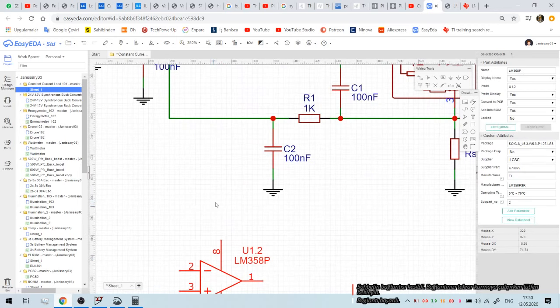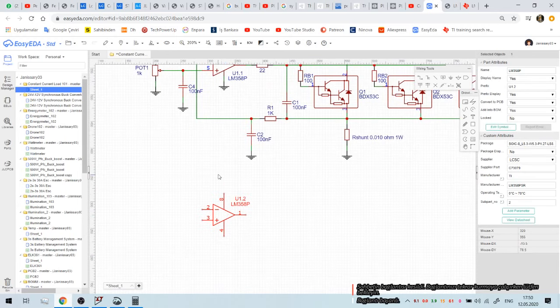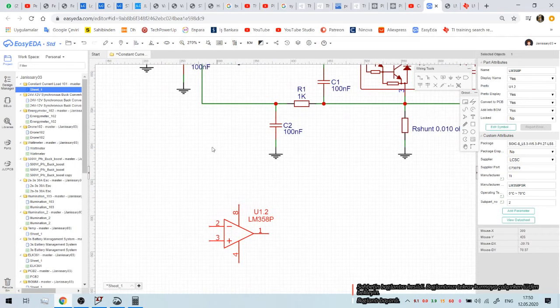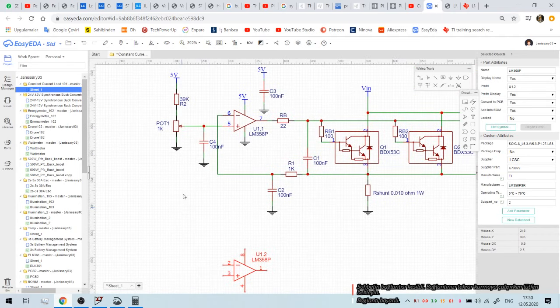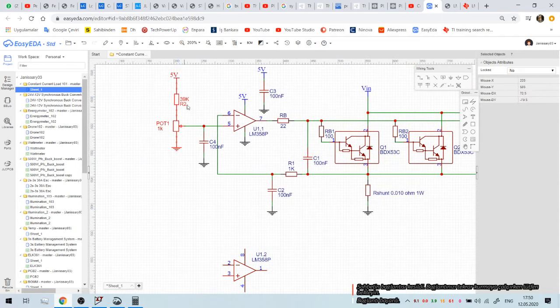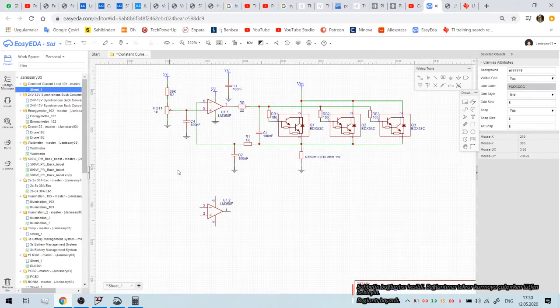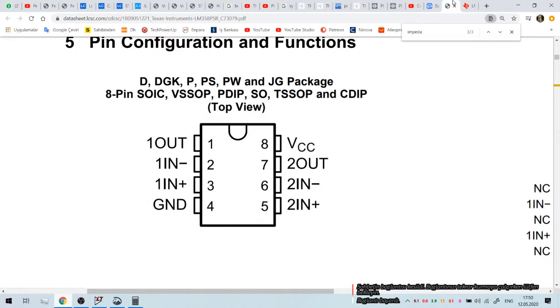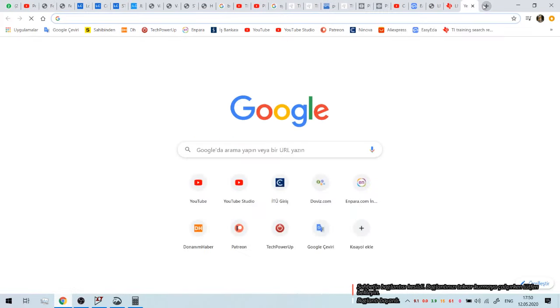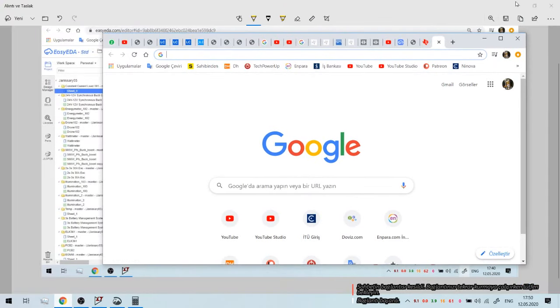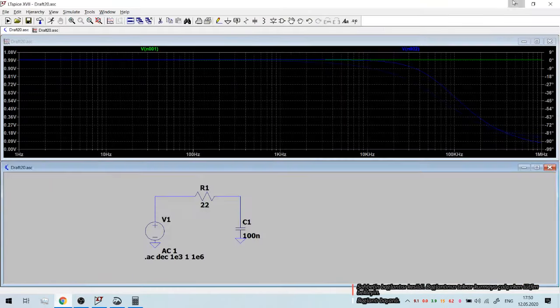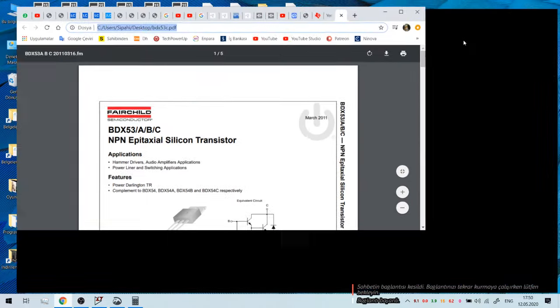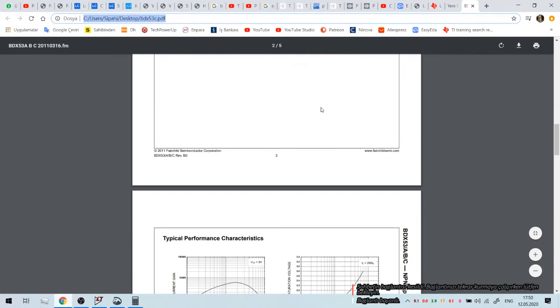And how can we use this? We need again some divider, but this time I think it can be constant, and do some calculation again. Wait a second. Yes, BDX53.